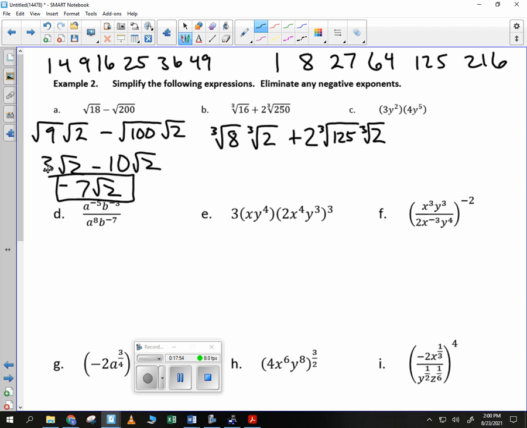Great. Cube root of 8 times cube root of 2. That simplifies to 2 cube roots of 2. Luke loves math. Love it. Cube root of 125, 5 times 2, 10. 2 cube roots of 2, 10 cube roots of 2. 12 cube roots of 2.